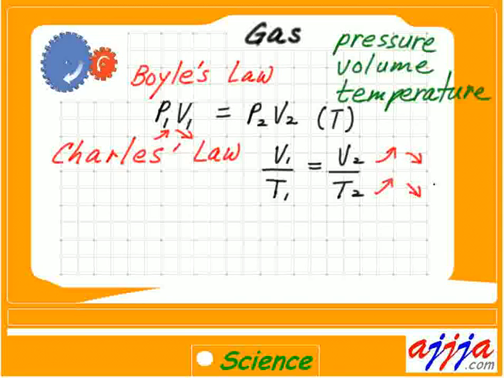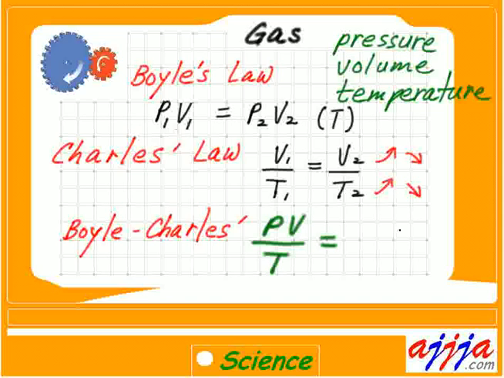Now we have a beautiful conclusion. Remember PVT: PV over T equals PV over T. The first one is P1 V1 over T1, and the second one is P2 V2 over T2.